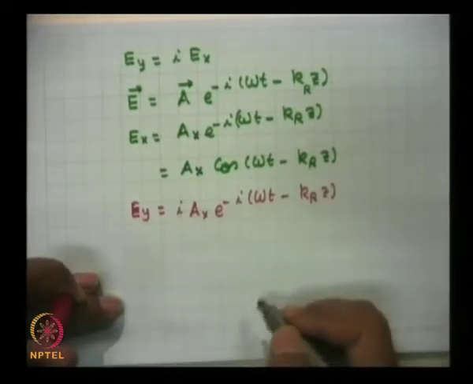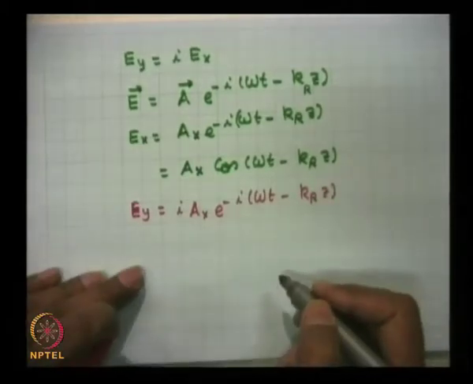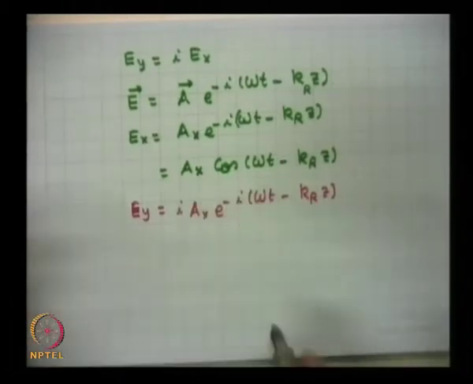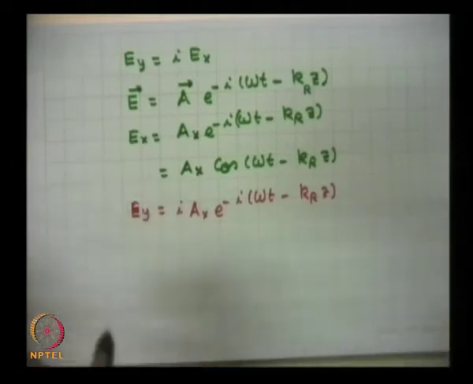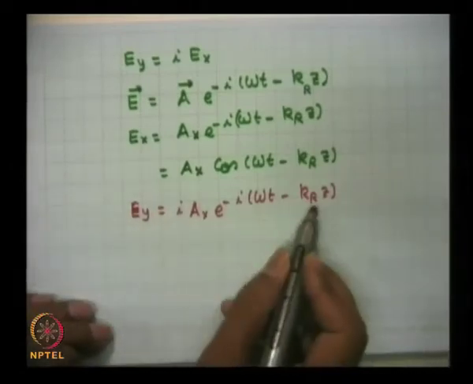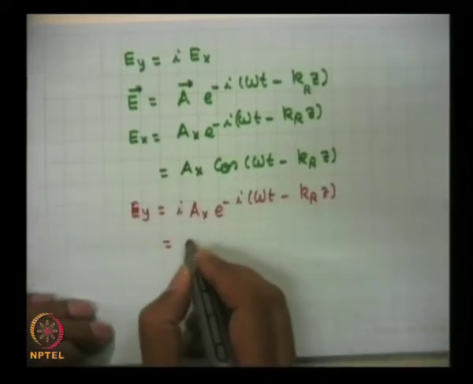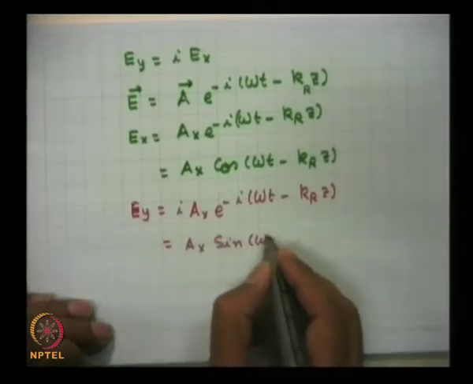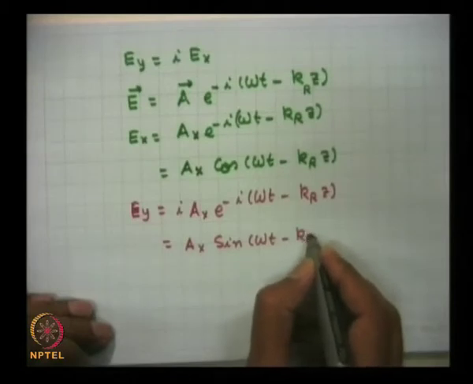Now take the real part of this, because whenever I write any field in complex notation, it is implied that the real part of the quantity is the physical quantity. So if I take the real part of this quantity, it turns out to be equal to Ax sine omega t minus kr into z.